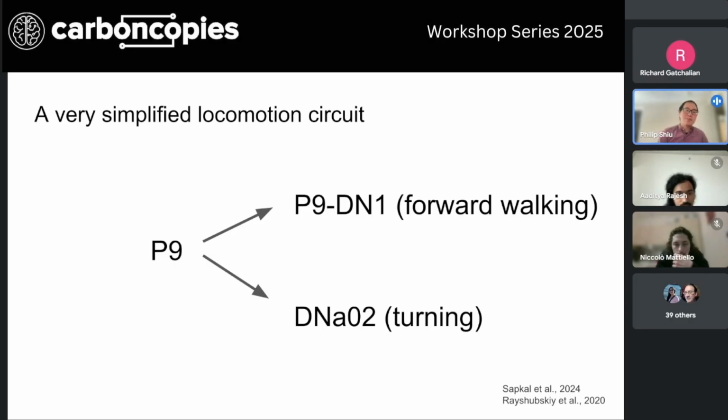There's a lot more nuance to this, and there are a lot of other neurons that control walking and steering, but if you activate P9DN1, the fly will walk forwards. If you activate DNAO2 on one side of the fly or the other, the fly will turn towards the side that you activated. So for our purposes, P9DN1 controls forward walking and DNAO2 controls turning.